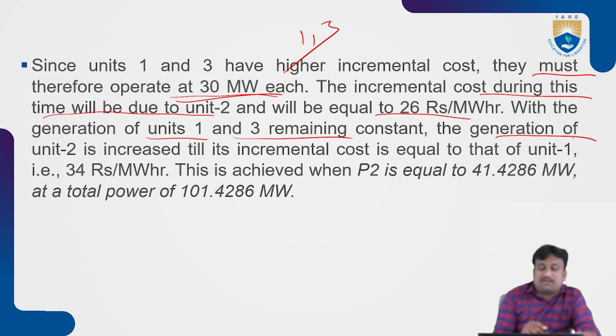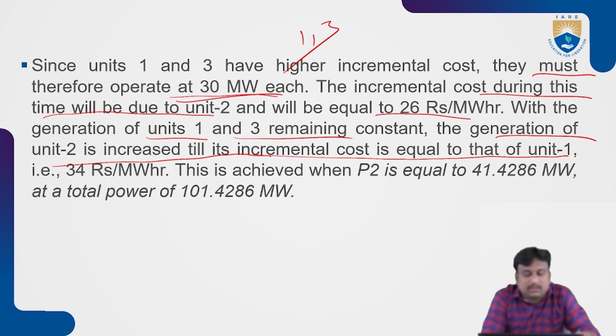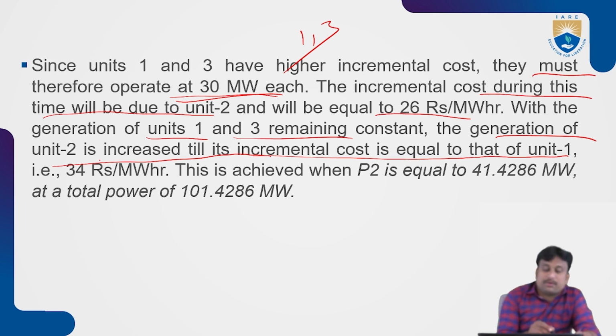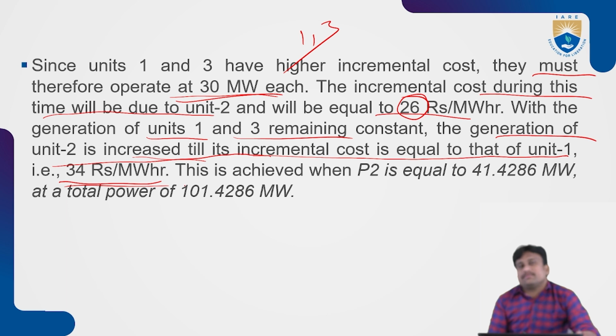So the generation of unit 2 is increased till its incremental cost equals that of the first unit. That means unit 2's cost is about 26 rupees per megawatt, and it should reach 34 rupees per megawatt.